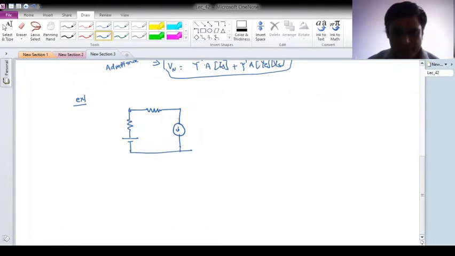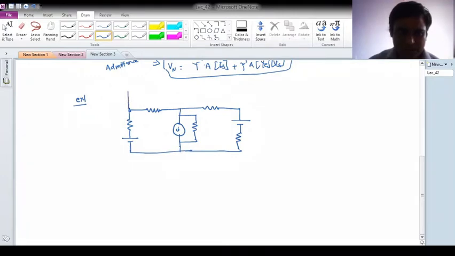Then there is also a resistor here, fine. Then one more resistor here, then a voltage source, one more resistor. I'll put the numerical values once I draw the whole network. Then there will be one more resistor. Remember, it may consist of inductors and capacitors also, which you can replace by your impedance.